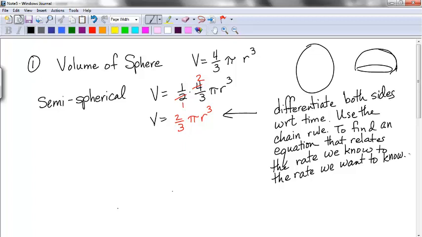And that's why it's called related rates of change problems.